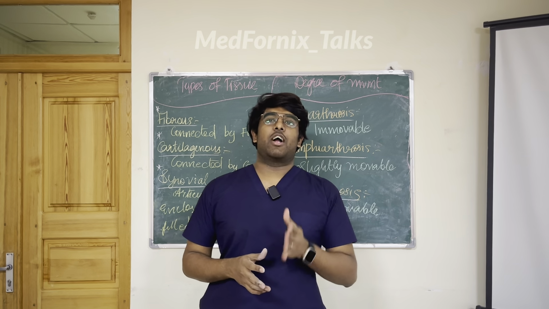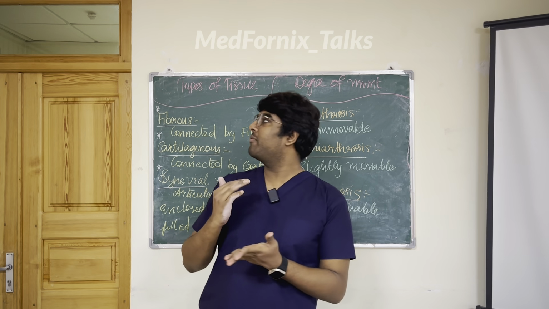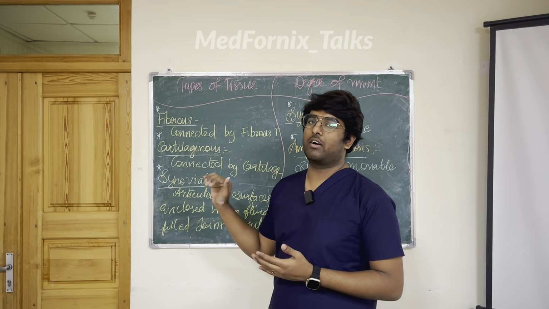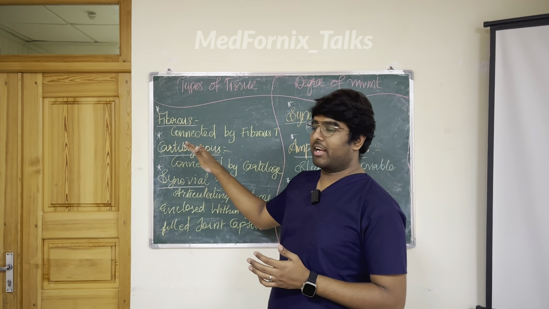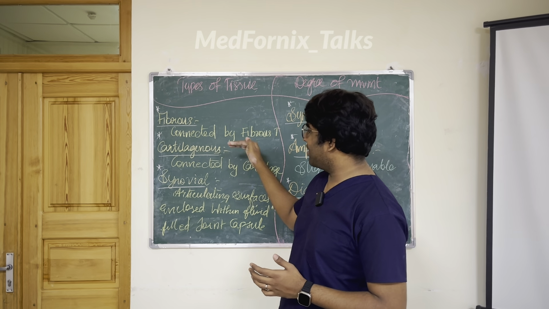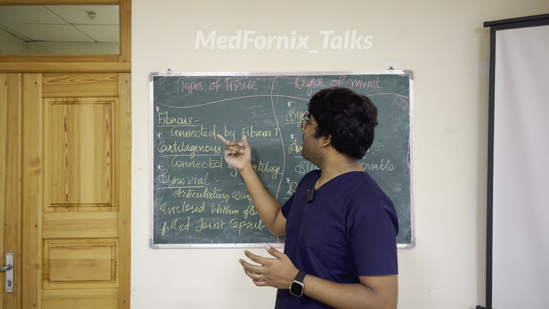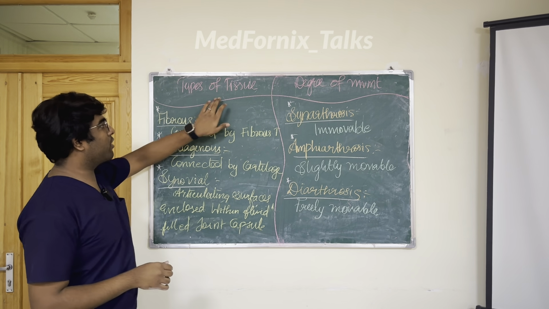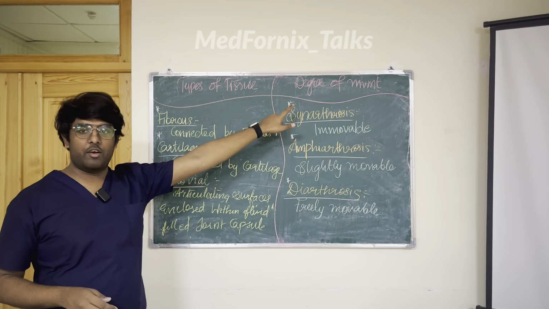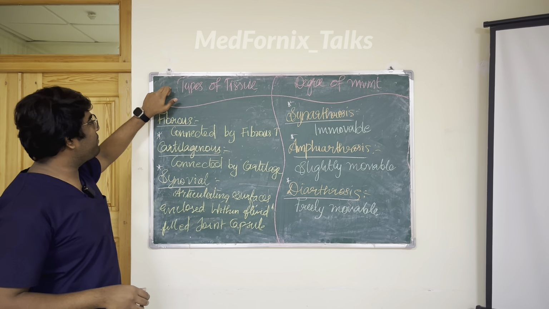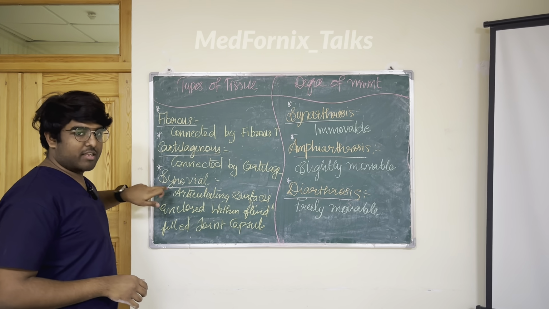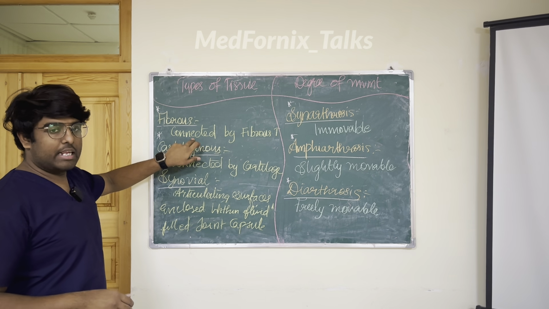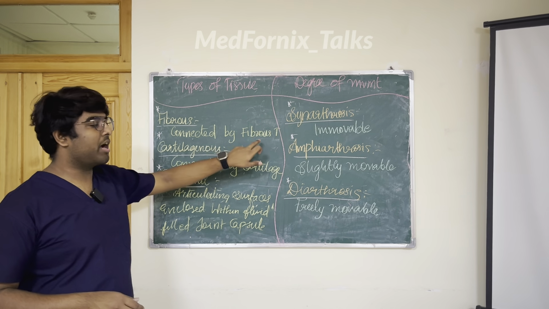Now we are going to start with the classification of joints. Before that, I want to give you a short, one-sentence answer for each type of joint. First, according to type of tissue: fibrous, cartilaginous, and synovial. Fibrous joints are connected by fibrous tissue.